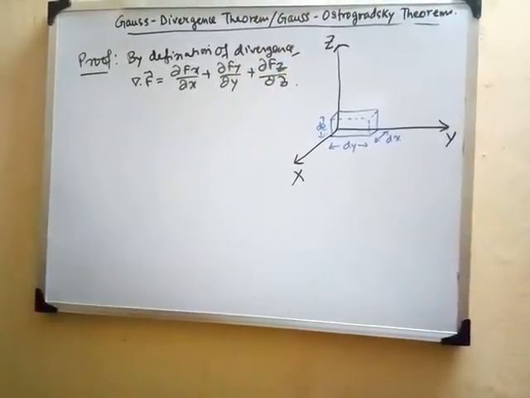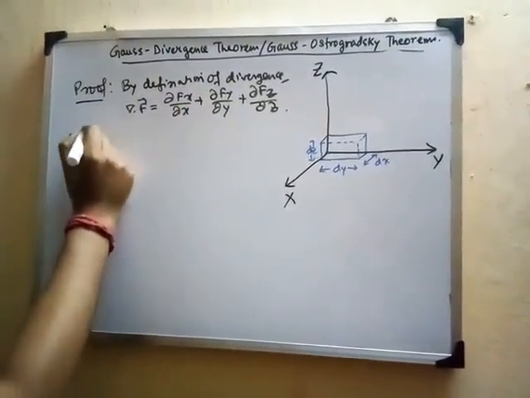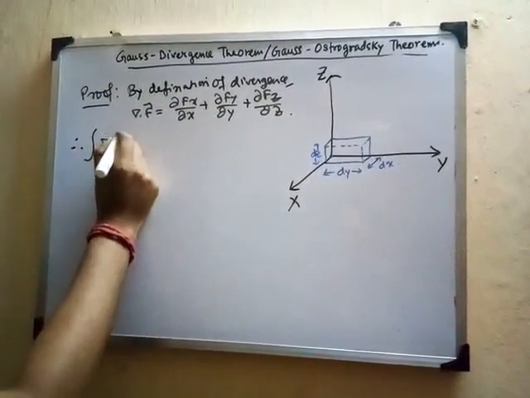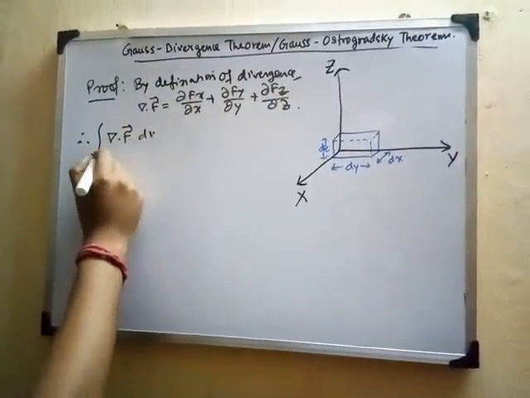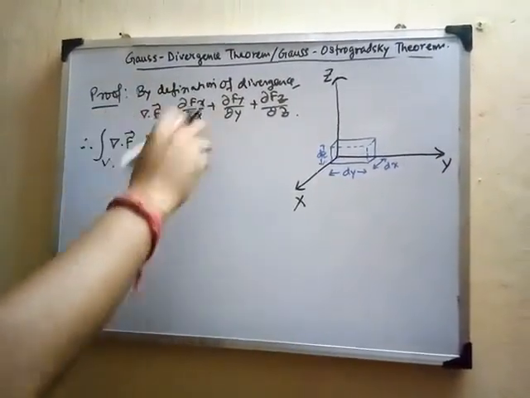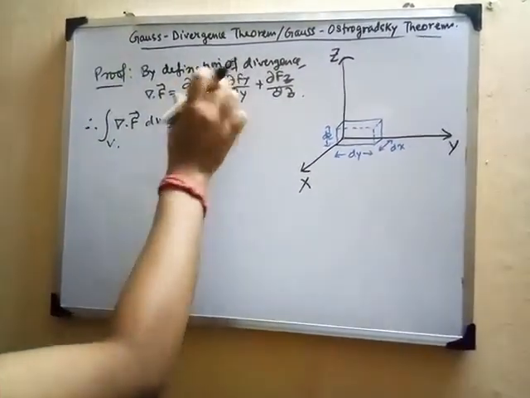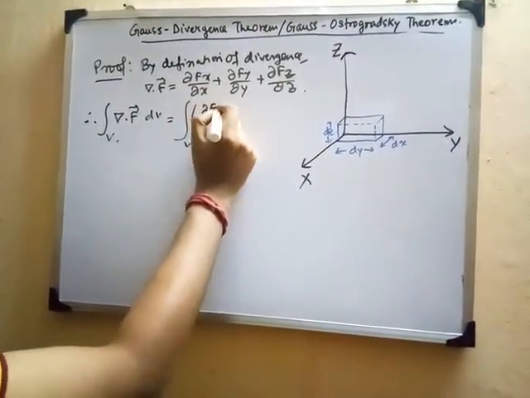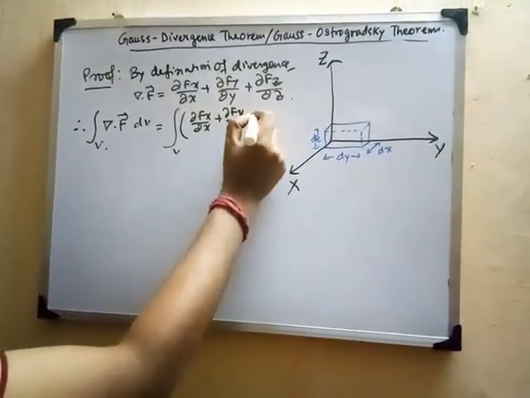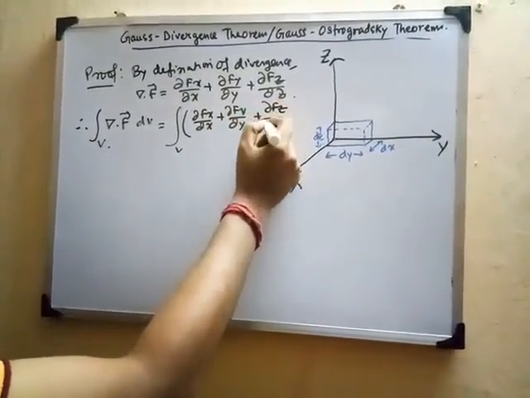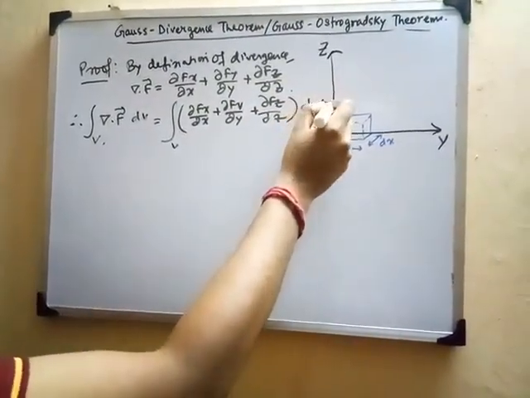Therefore we can write that the volume integral of del dot F dV, as per the Gauss divergence theorem, will be equal to the volume integral of the whole thing, del Fx by del x plus del Fy by del y plus del Fz by del z, with dx dy dz.